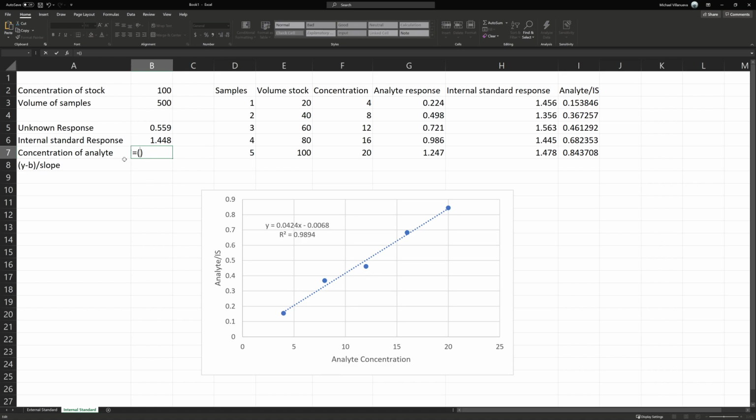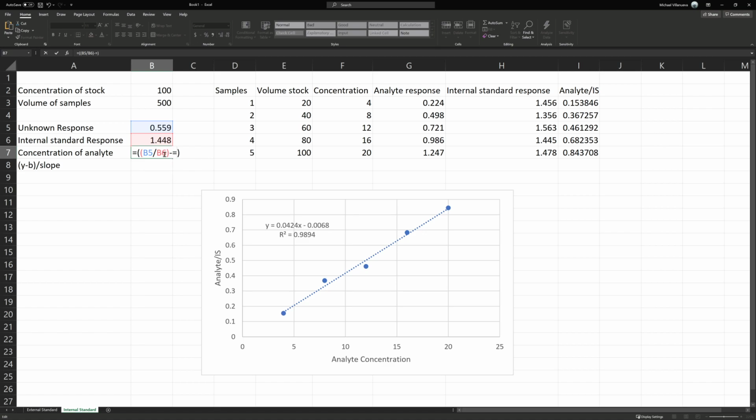So what we want to do is set this equal to our analyte response divided by our internal standard. So now we get our analyte divided by our IS, which is our Y value. So we're almost there. We have our Y. We need to subtract from it, let's actually add a whole other parentheses around here because we're going to do that anyway.